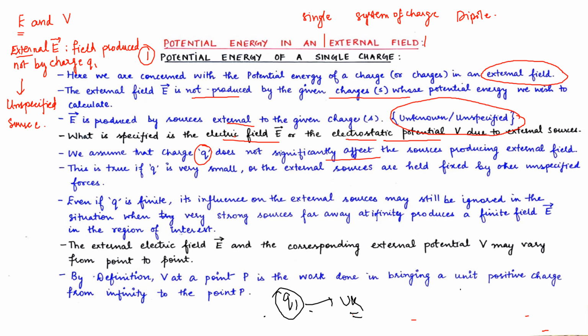First, there are two concepts. First, Q1 is insignificant, or it does not significantly affect. So we will write it in a small way that our Q1 is insignificant.